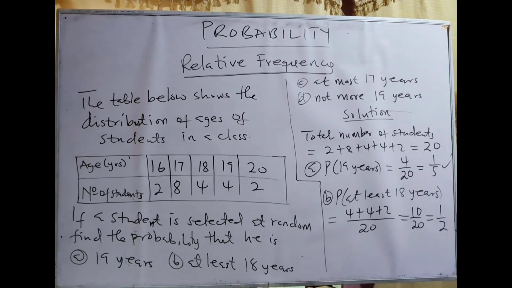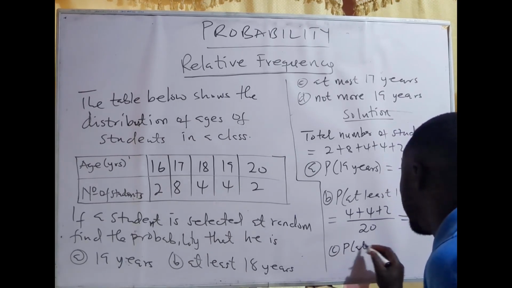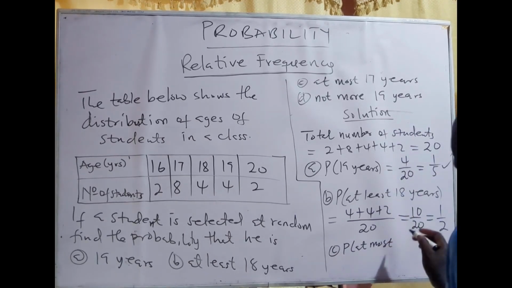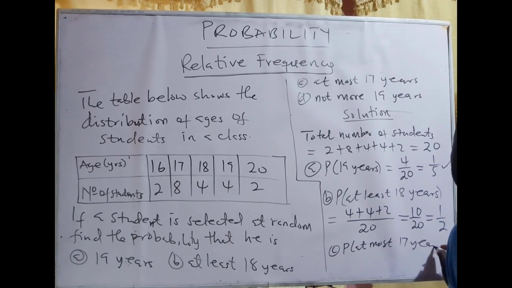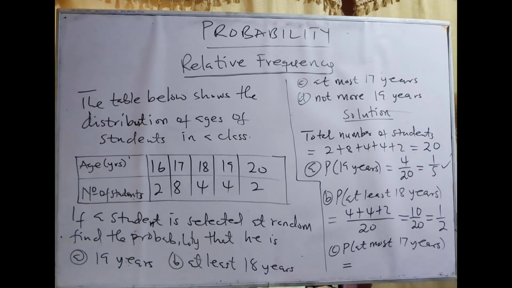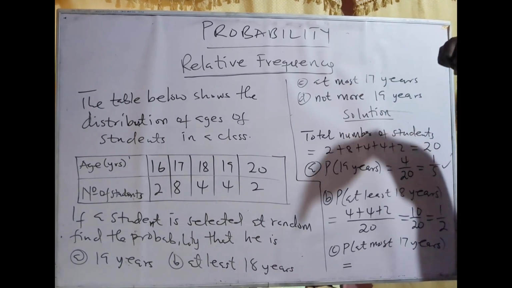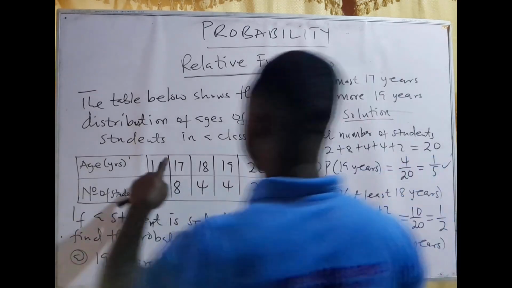And then C, probability of at most 17 years. What is at most 17? At most means that the highest age should be 17, that is 17 or less. The least age here is 16.